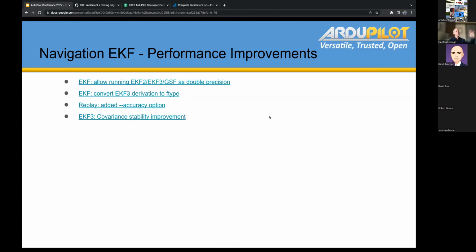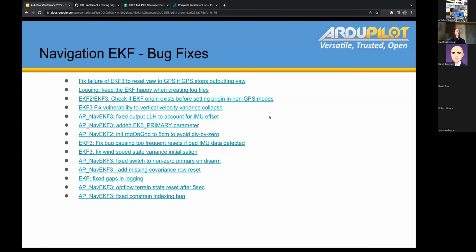And then we get to the bug fixes. I'm not going to go through all of these. There were numerous, and some of them were observable behaviours. These are just in response to reported issues and corner cases. Some of them were things like the missing covariance row reset pull request.